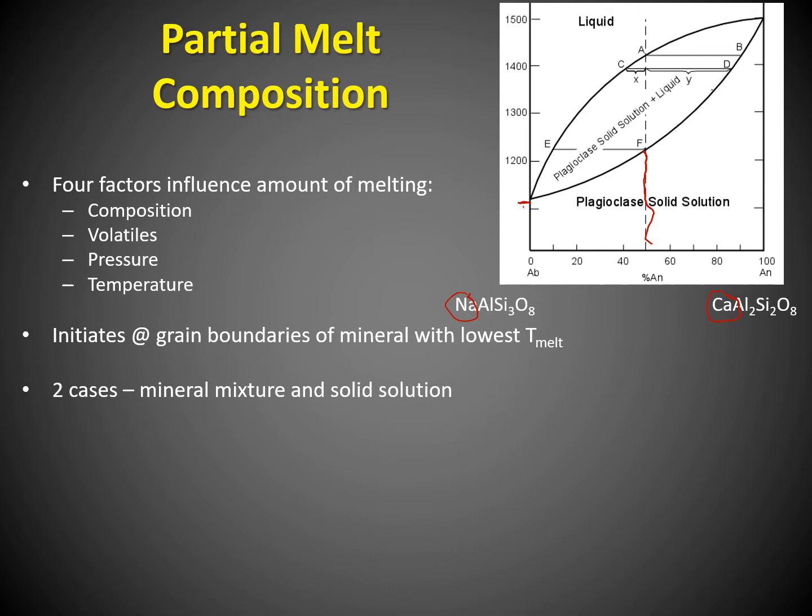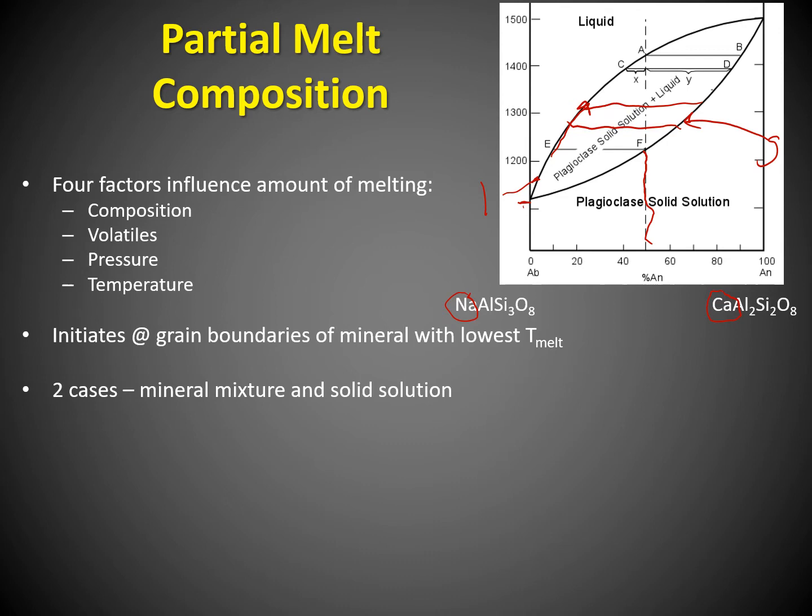And as it becomes more calcium rich, that's going to make your melt a little more calcium rich. So at every temperature, you can see the melt, which is on this line right here. This is the liquidus. This is the solidus. So the solidus tracks the composition of the solid. The liquidus tracks the composition of the liquid, right?